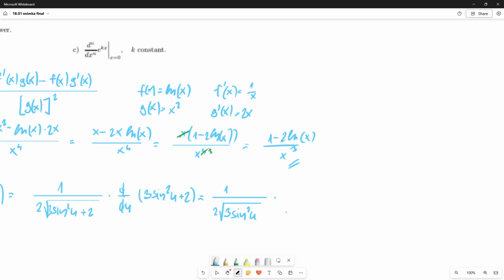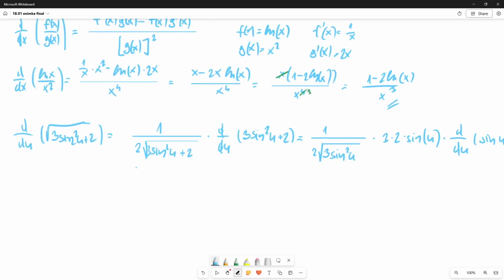When we differentiate sine square of u, first we obtain 2 times sine of u, and then what's left is to differentiate sine of u. Here these two and these two can cancel out. When we differentiate sine u, we obtain cosine of u.